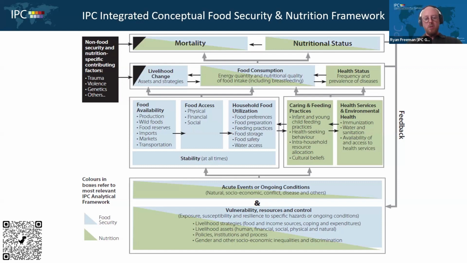And when we start moving into our discussions on vulnerability or resources and control and context, this is about food security and nutrition. When we talk about acute events, these may be natural, socioeconomic, conflict, disease, or others, which may have an impact more directly related to the nutritional status or your acute food insecurity status.